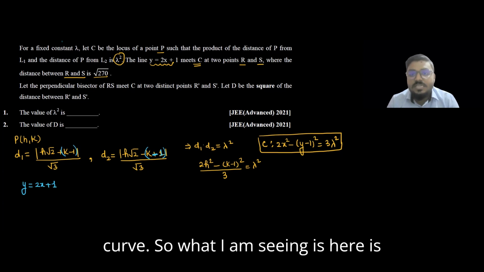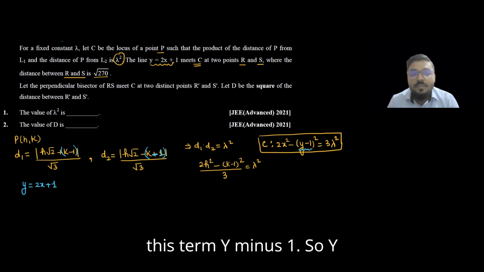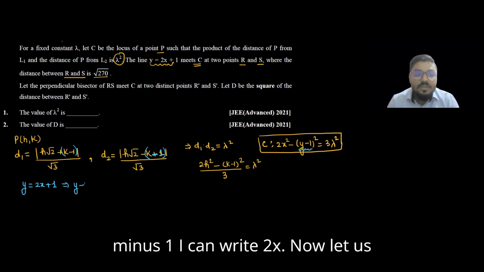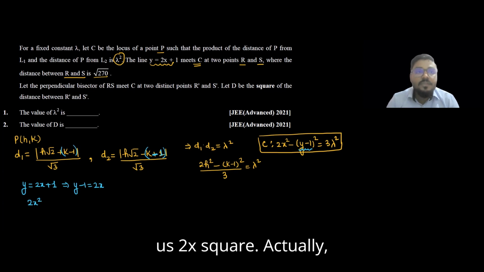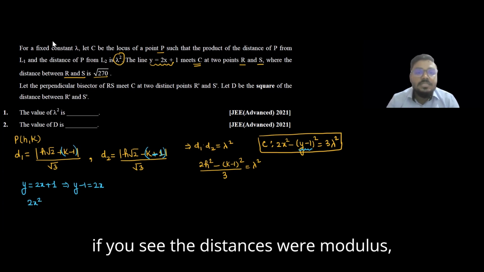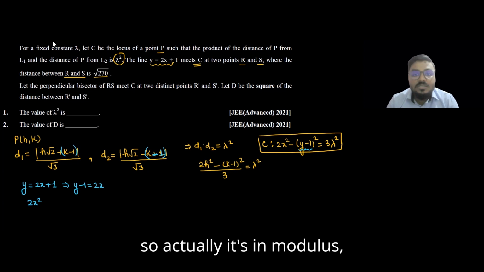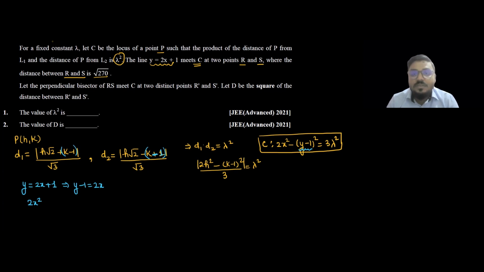So what I am saying is, here is this term y minus 1. So y minus 1, I can write 2x. Now let us substitute in the curve C. Actually, if you see, the distances were modulus, so actually it's in modulus. Mod of this.